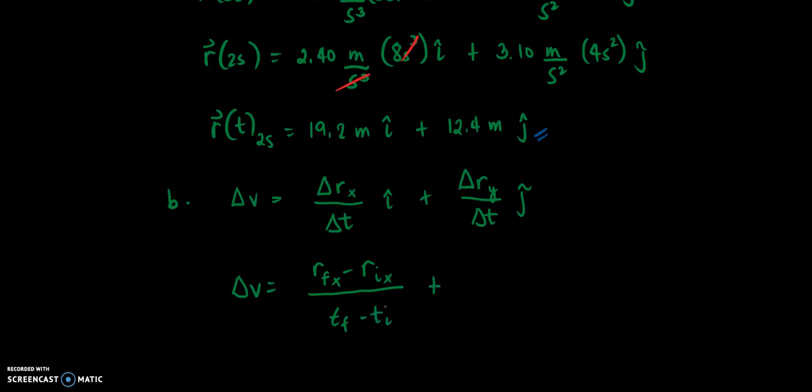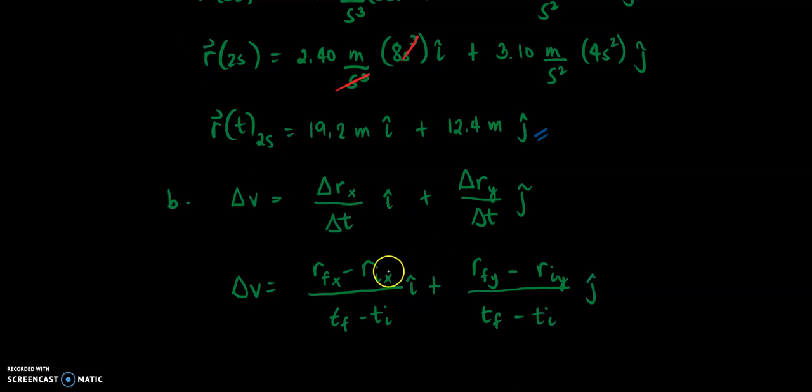Then plus the delta r sub y, the change in position from the final position along y minus the initial position along y, divided by the final time minus initial time, j hat. Okay, forgot the i hat here.